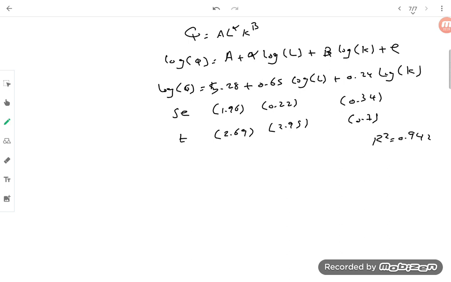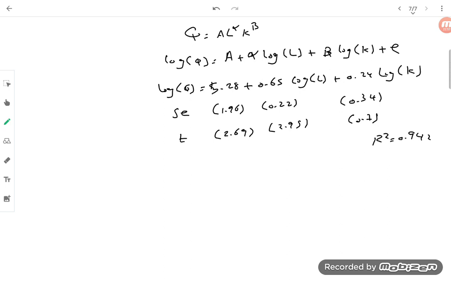The theory states that both labor and capital must be positive and have a significant impact on Q, while actually K has no significant impact on Q, and R squared at the same time is very high. So this is an indicator of a multicollinearity problem.